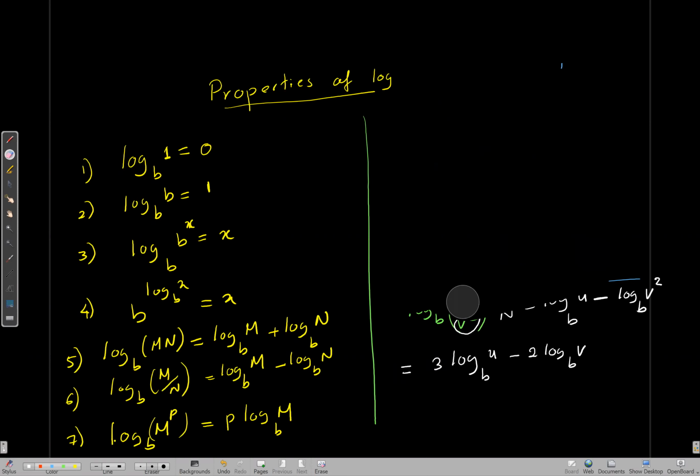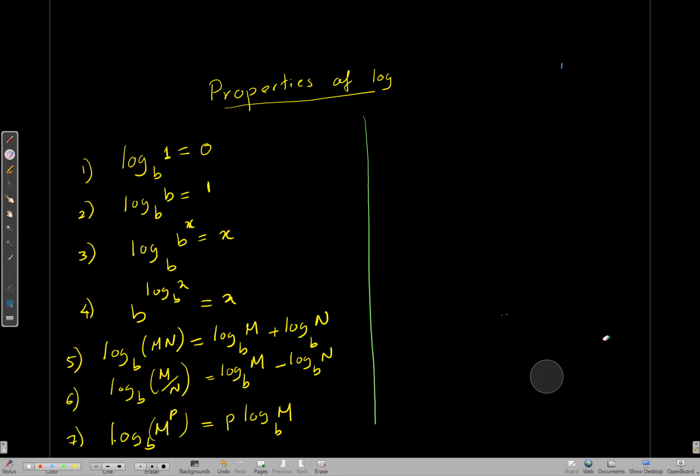How about if I have a combination of all 5, 6, and 7, all 3. So ln of x cubed y over the square root of z. By the way, ln means log base e. Now, this one, I will treat as a combination.